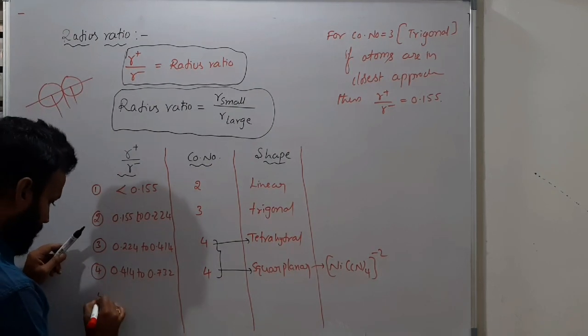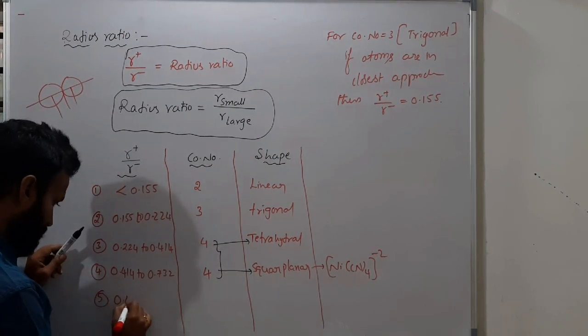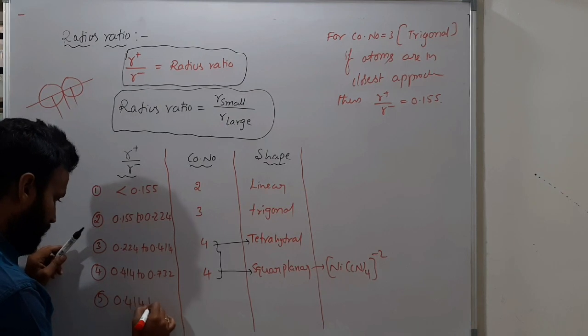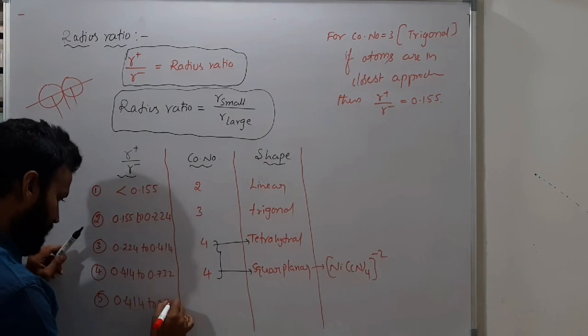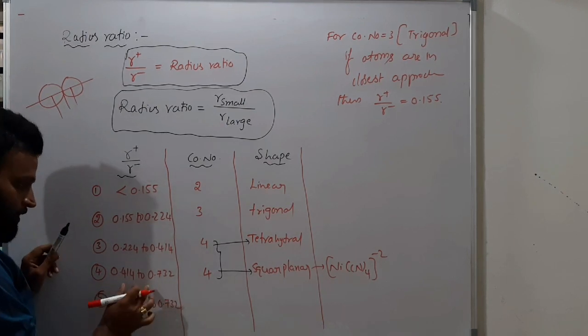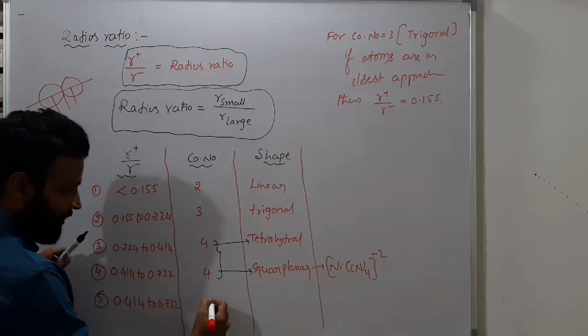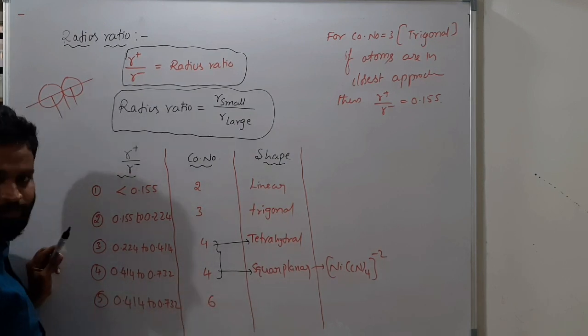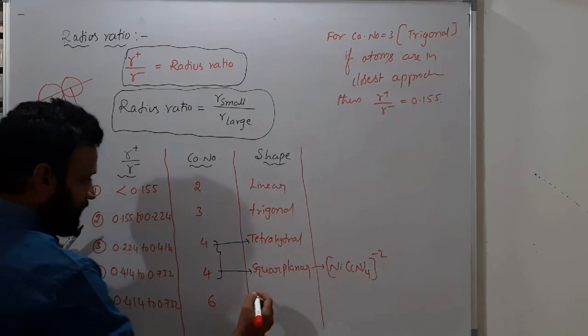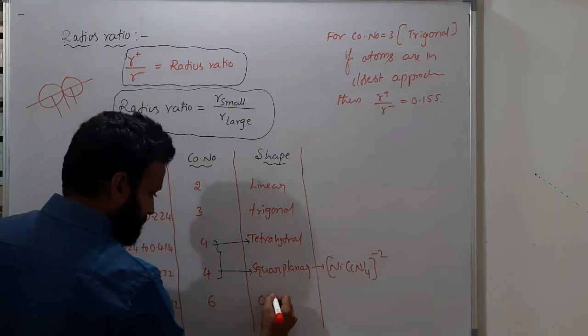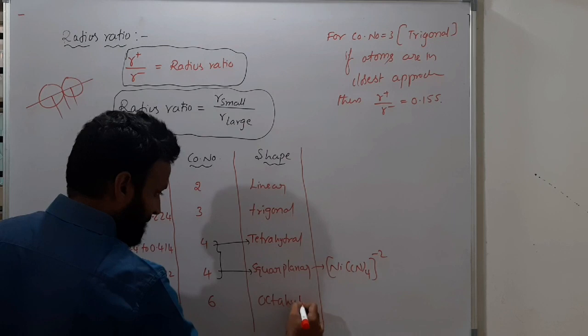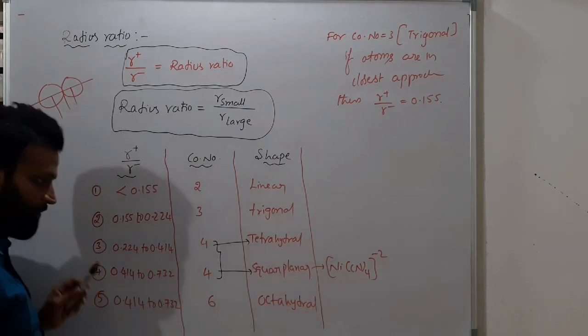So here, the next fifth one is the same radius ratio, 0.414 to 0.732. So the same ratio with different coordination numbers you have actually. Okay, these are very important. Now it is octahedral coordination number.